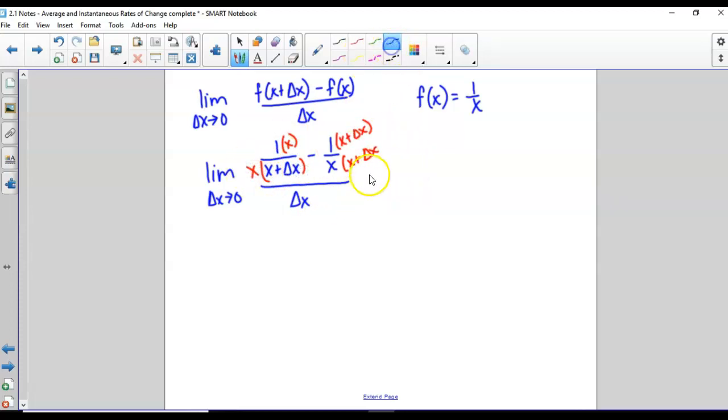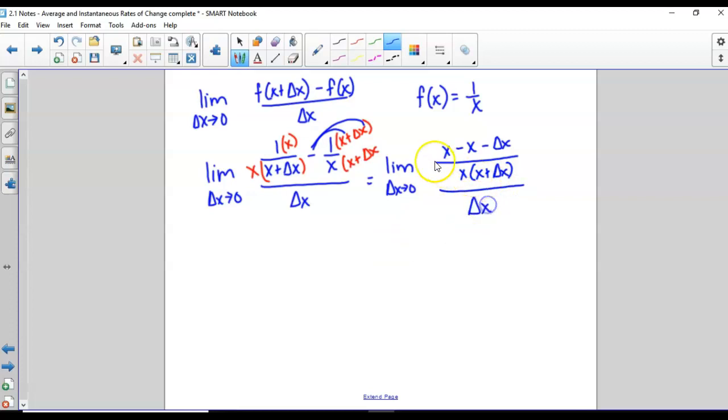And so that will give me the limit as delta x approaches 0 of x minus delta x. Make sure whenever you do that you distribute that negative with it, all over x times x plus delta x, over delta x.